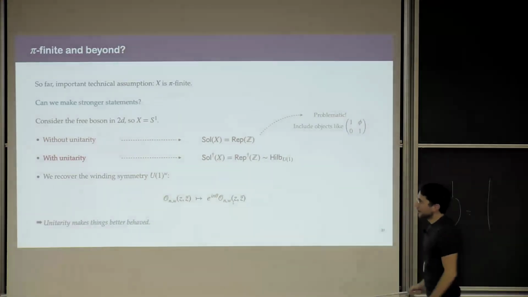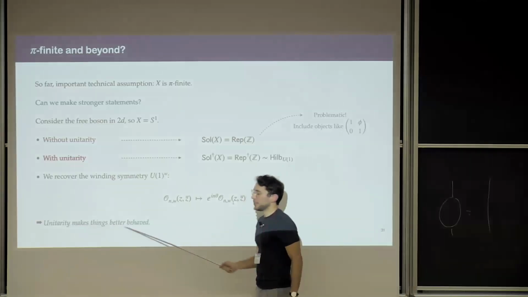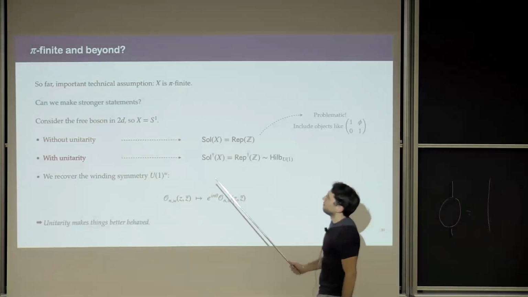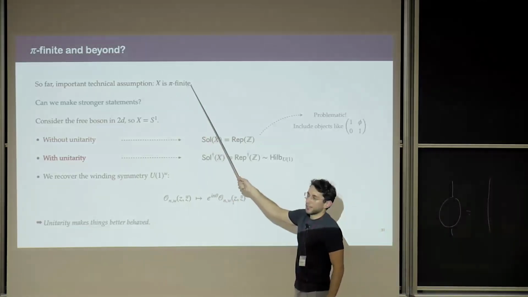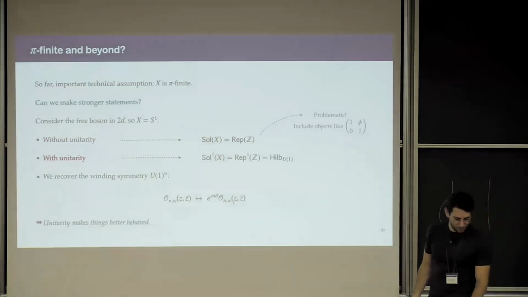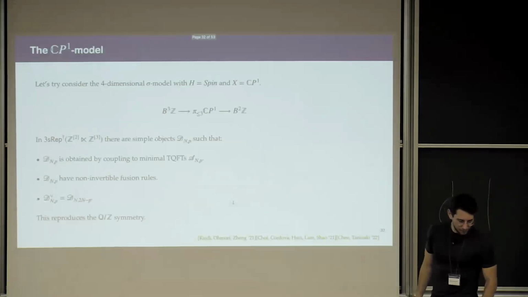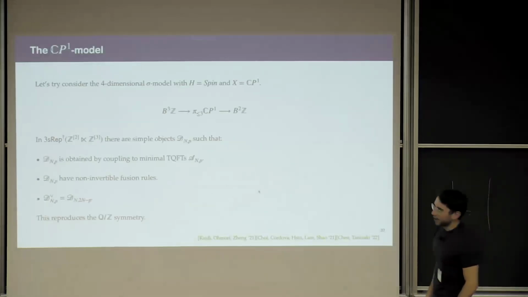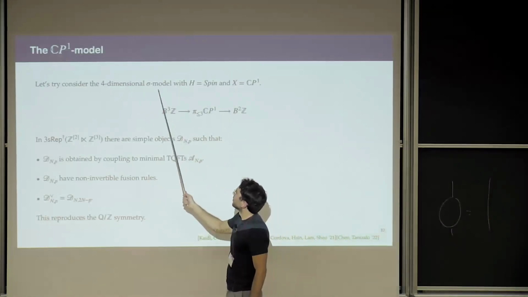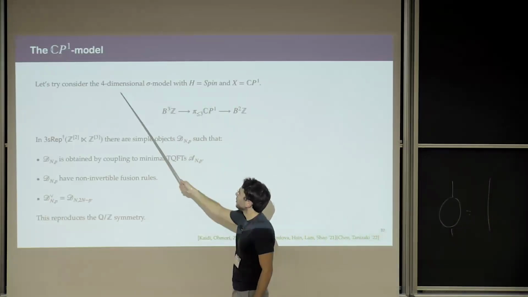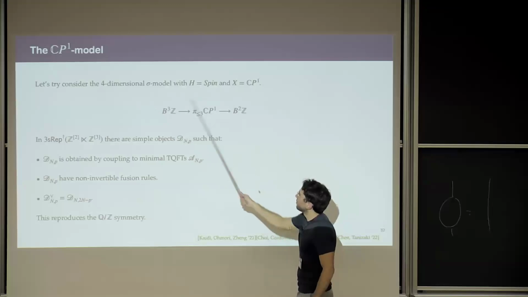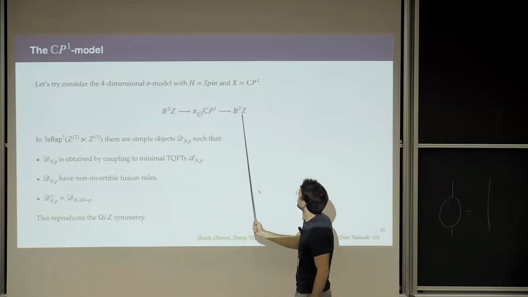So that's good. This starts to suggest that unitarity indeed makes things well behaved and may, in principle, allow us to push further beyond the very strict conditions that mathematicians tell us we should worry about. As a further example, we can try to compute something in higher dimensions. So we can try to compute how things work for a sigma model with target CP1 in 4 dimensions. And this is the homotopy type of CP1. So there is a pi_2 and a pi_3.